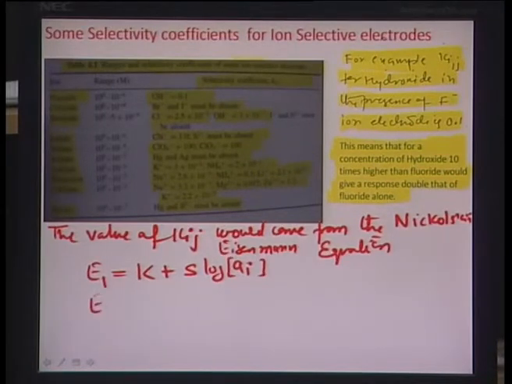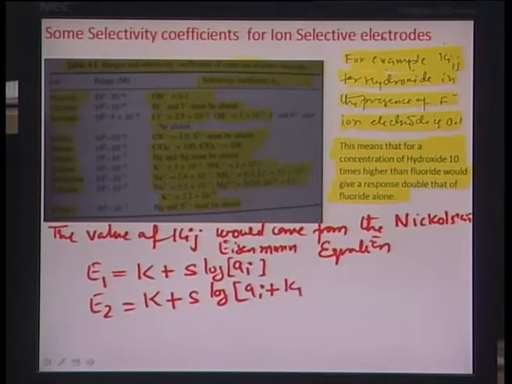When we add a secondary ion, let us say J, with a selectivity coefficient Kij, E2 can be represented as K plus S log of Ai plus Kij Aj to the power of n by Z. Okay, n and Z are of course the valencies on ion I and ion J respectively.